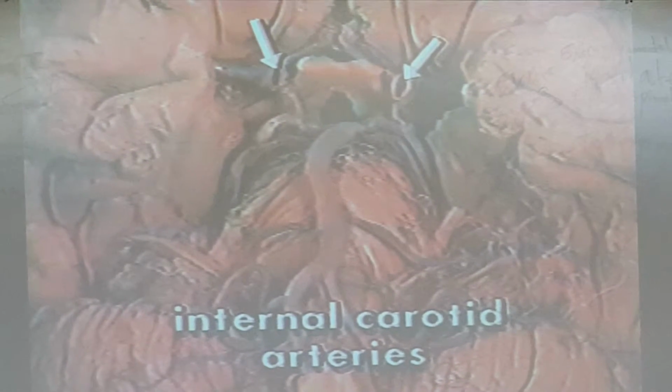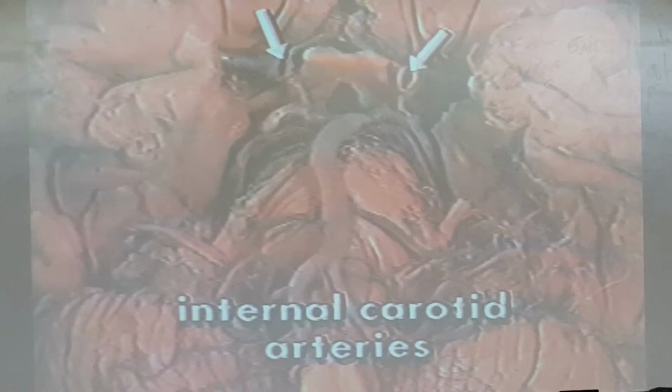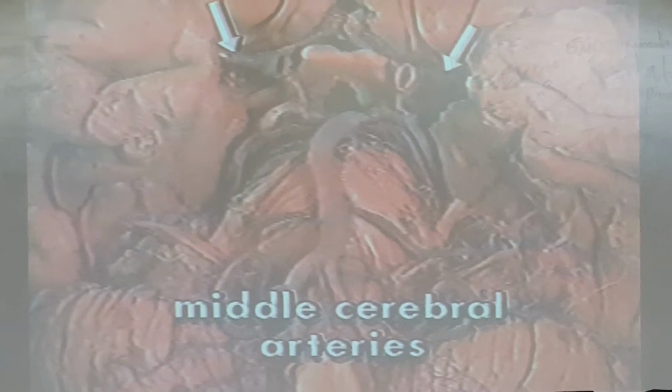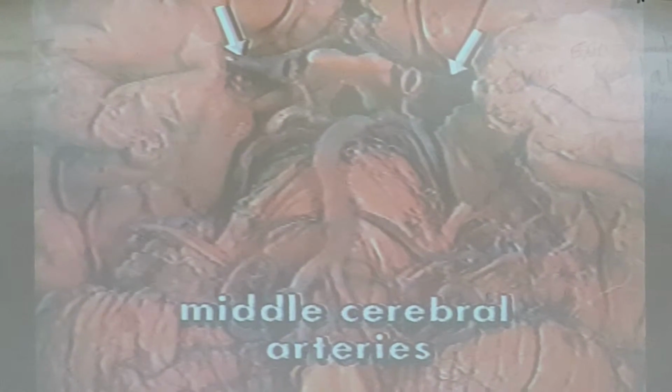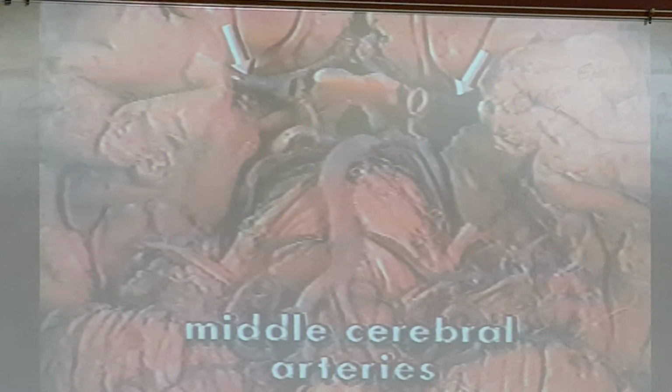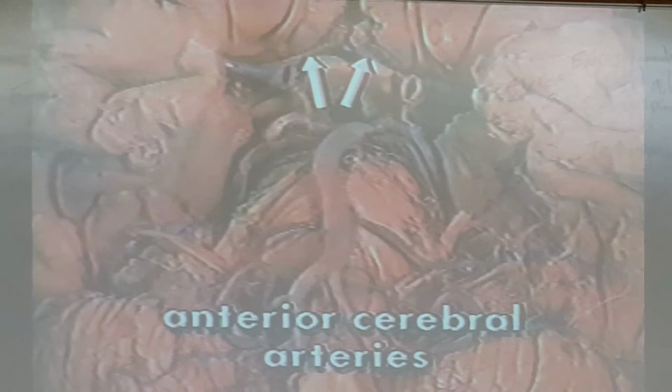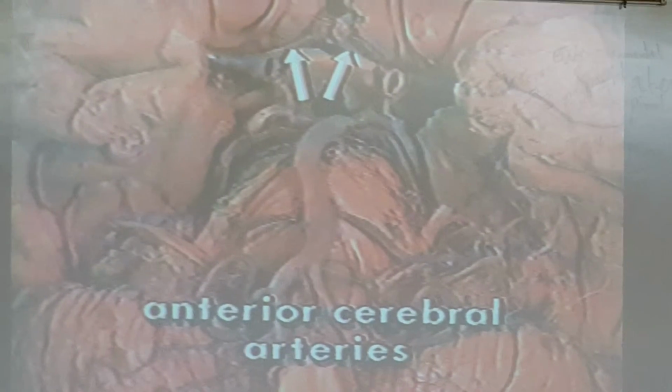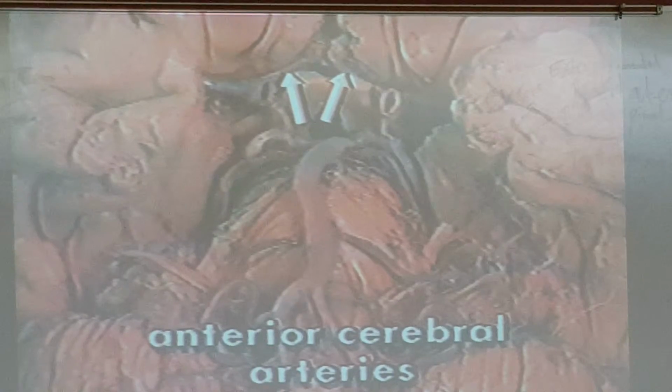The internal carotid arteries and their branches can also be reviewed in this specimen. The middle cerebral arteries are the continuations of the internal carotid arteries which travel to the temporal and parietal lobes. The other branches, the anterior cerebral arteries, can be traced in their courses toward the medial surfaces of the frontal lobes.